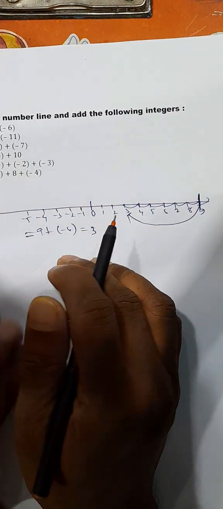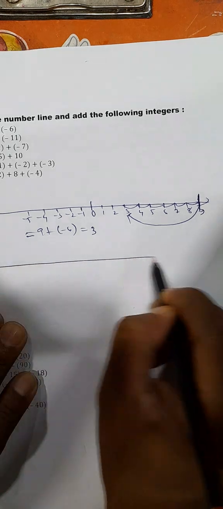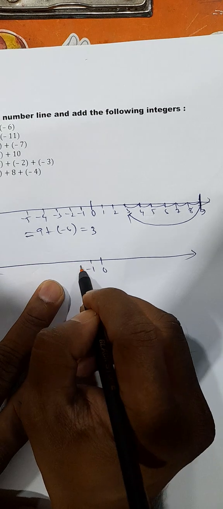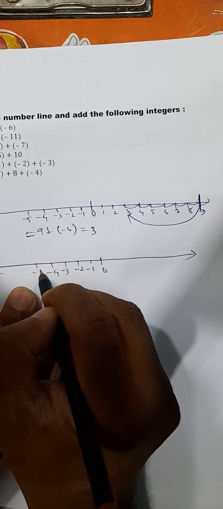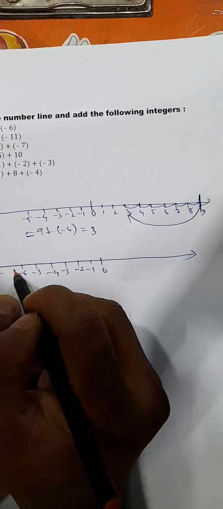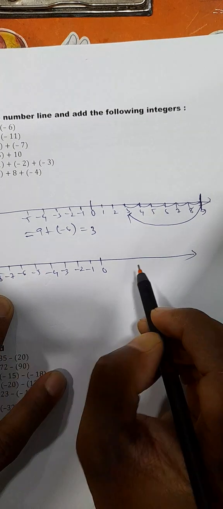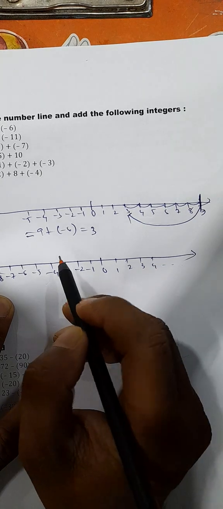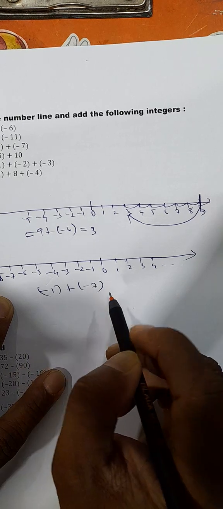Say for example, we will try to solve -1 plus -7. Again you draw the number line. -1, -2, -3, -4, -5, -6, -7, -8, etc. 1, 2, 3, 4, etc. Now -1 plus -7.